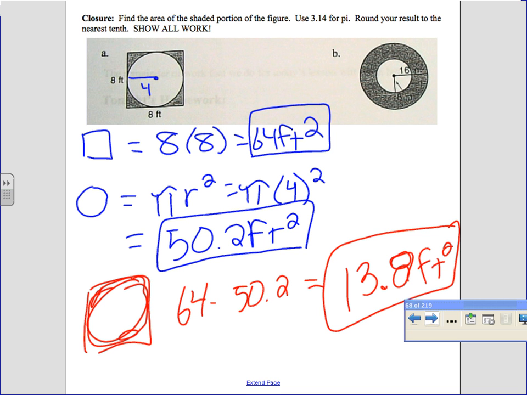So if you used the pi button and you left this as 13.7, I would not take off, because some people like to use the pi button, some people like to use 3.14. Neil? Yeah, that's why I said, right, I did the same thing as you. That's the same thing on my paper.